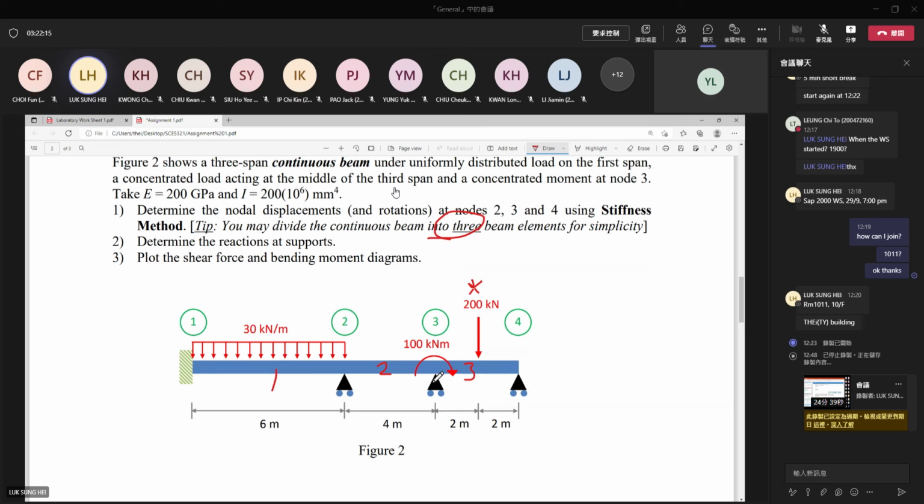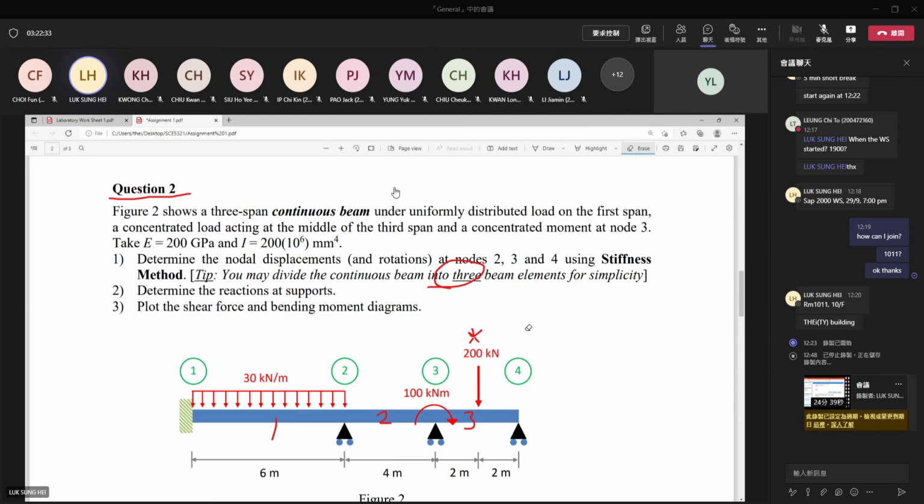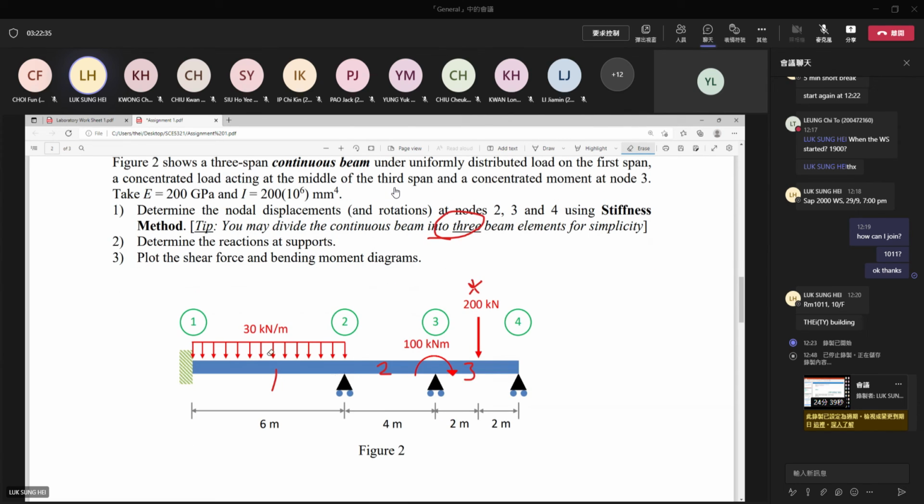In the past, some students would like to cut the 3rd element into 2 pieces, 3, 4. It's okay, but it will increase some additional degrees of freedom, make the problem size become bigger. So I think the easiest way in this problem is to discretize the whole beam into 1, 2, 3, and then solve it.